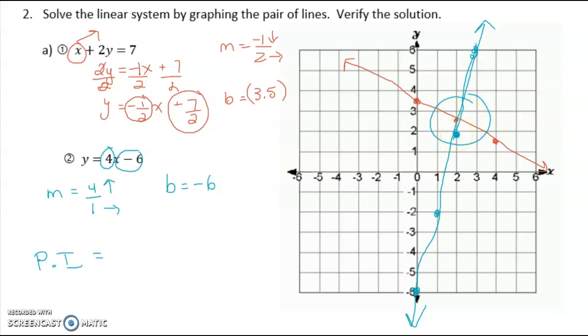So it would be approximately, say, here. So say 2.2 is my x, and then my y would be here-ish, so maybe 2.5-ish. Okay, so this one right here, it's too messy to check.